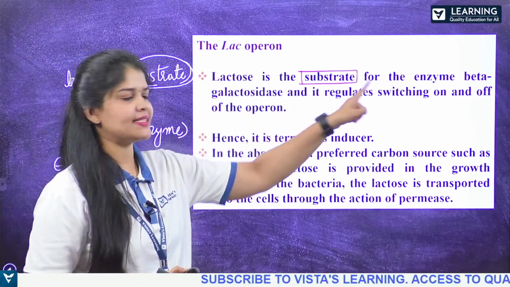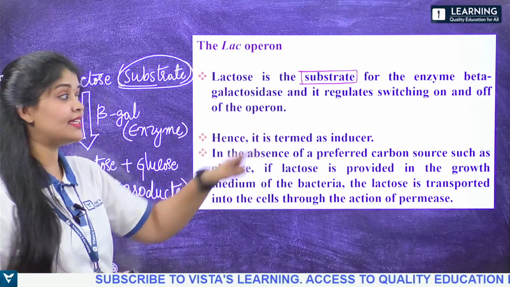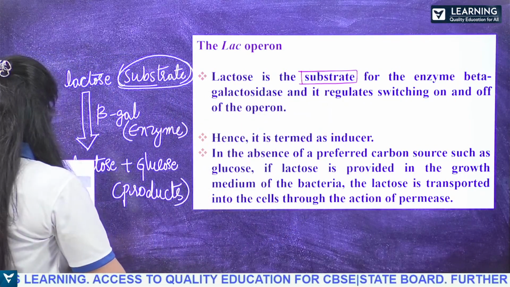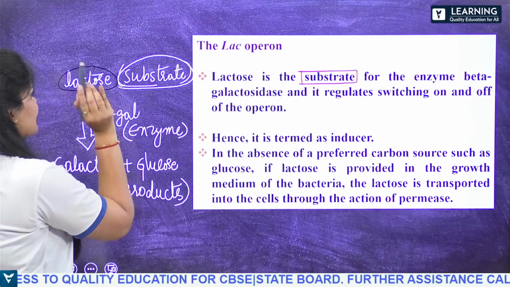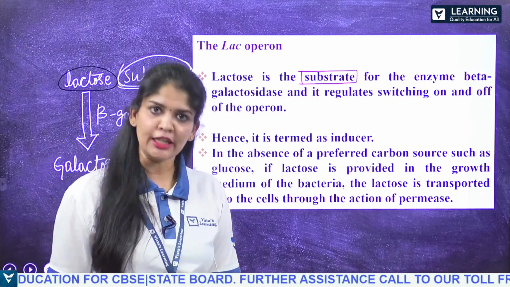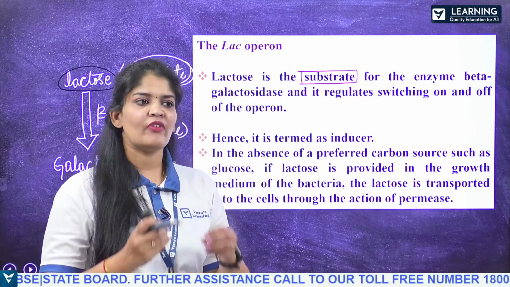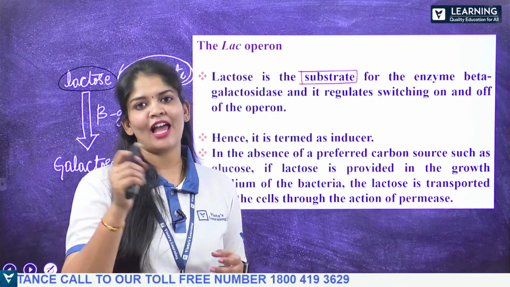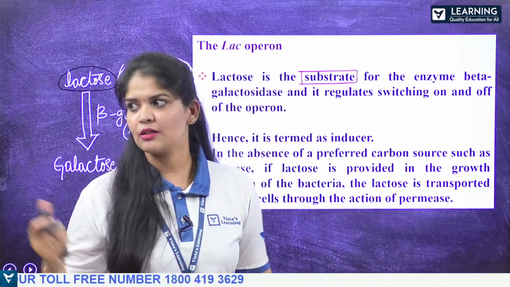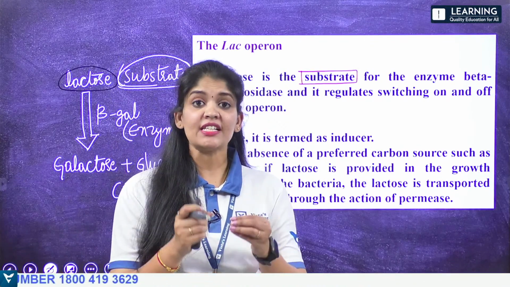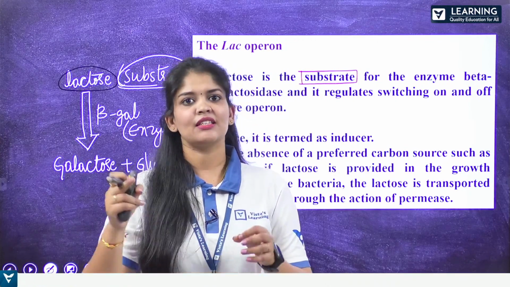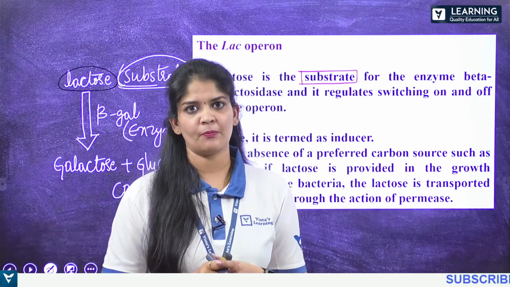Here, the substrate, that is lactose. Lactose is a substrate for the enzyme beta galactosidase, and it regulates switching on and off of the operon, because lactose is going to act as an inducer. When we find the requirement for the presence of beta galactosidase, if lactose is present, in the starting of this session only we discussed that the presence of the lactose decides whether the beta galactosidase has to come or not.